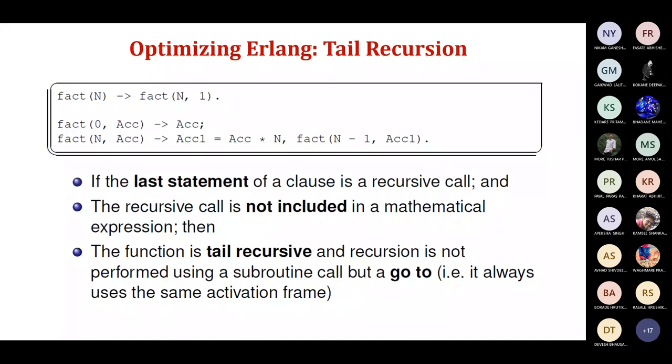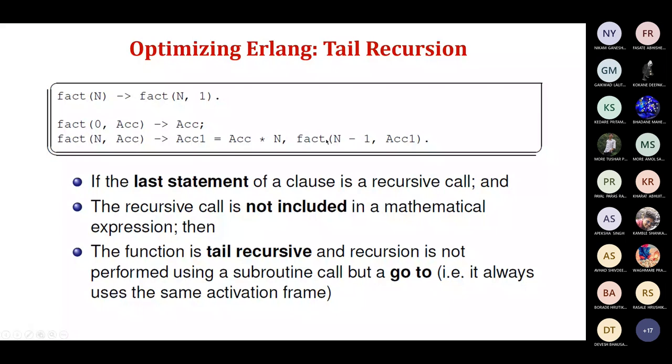The meaning of same activation frame is that when a recursive call is placed onto the stack, the next time that function is called, it uses that same stack space or the same frame of the stack. It does not change. Maybe this is too internal to understand how the stack is handled in Erlang, but in order to make the best use of memory for the stack, they use tail recursion here. So this applies if there is a recursive call and the recursive call is not in the mathematical expression.